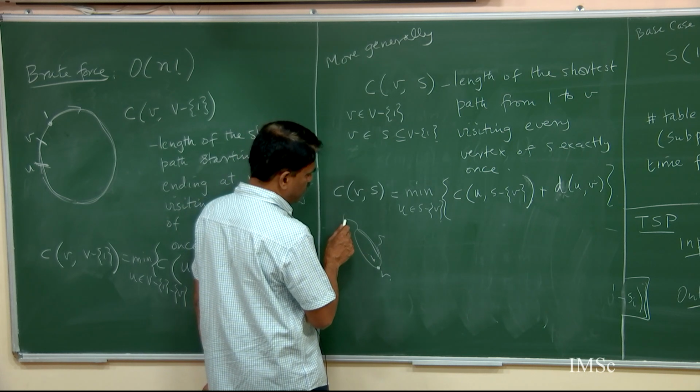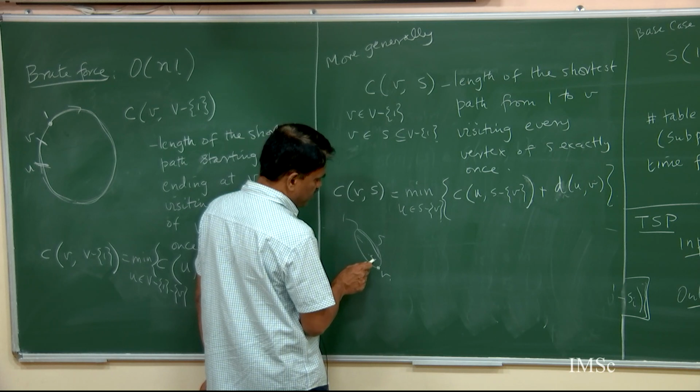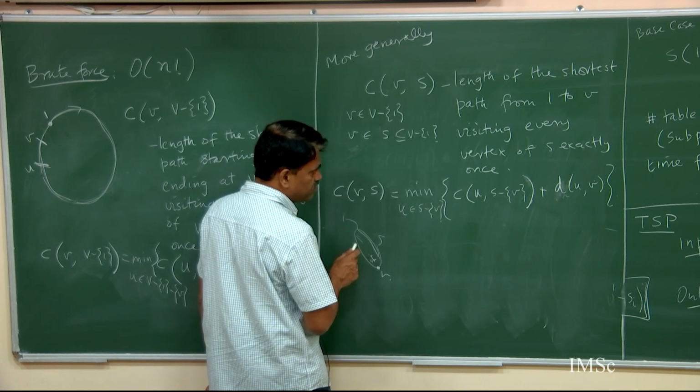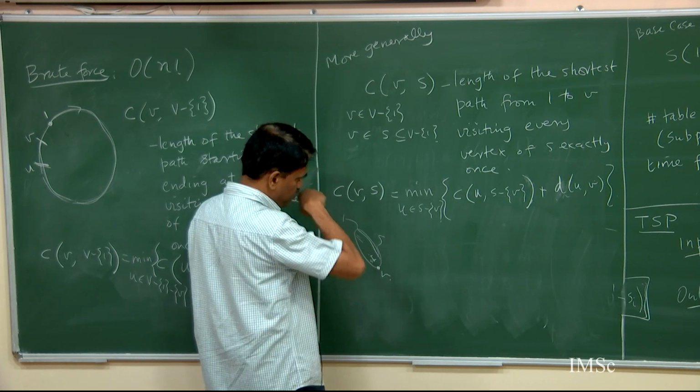So I start from 1 and end at that vertex U, visiting everything in S minus V exactly once, and then you do UV. This is it.